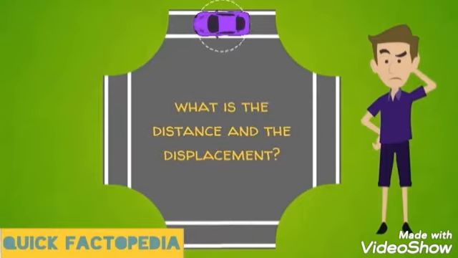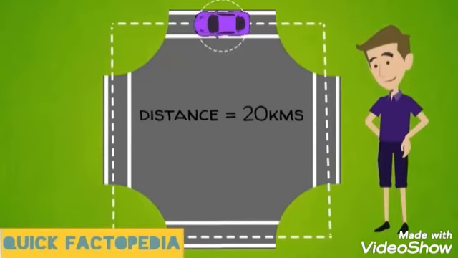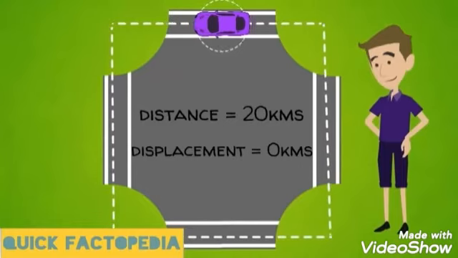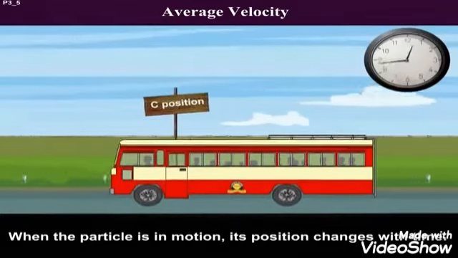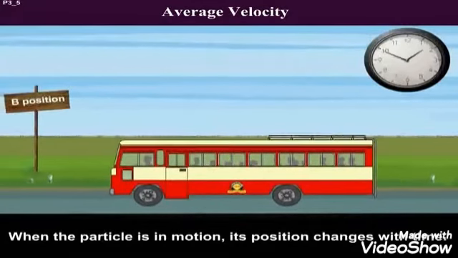So what is the distance and the displacement? The distance covered by the car is 20 kilometers and the displacement is 0 kilometers, because if the starting and the end point is same, the displacement of the body becomes 0.